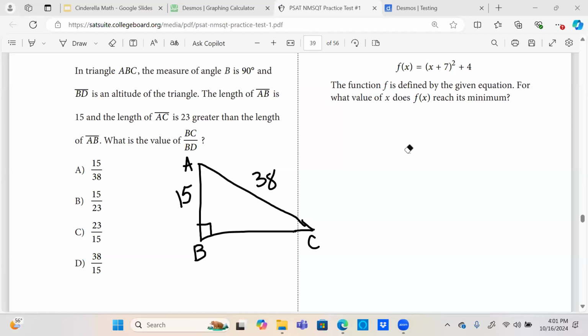Okay. Let's see. Trying to think where we should draw D. So an altitude is a line segment drawn perpendicularly from the vertex of a triangle to the opposite side.